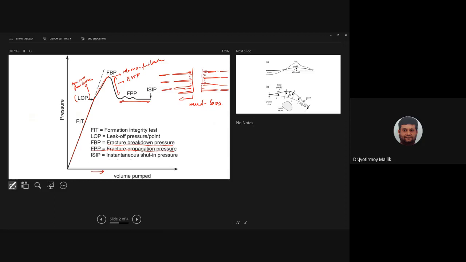And then instantaneous shut-in pressure, where the pressure comes to an equilibrium. And this is what we call the leak-off test. So this particular point provides me the S h min, or minimum horizontal stress, or the fracture gradient.